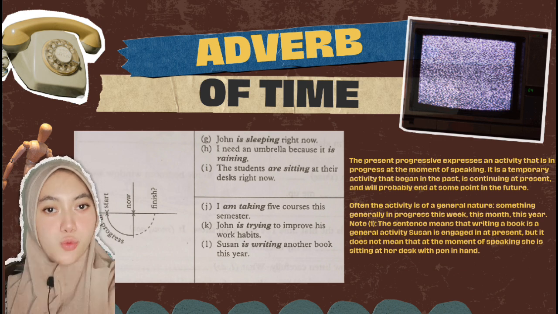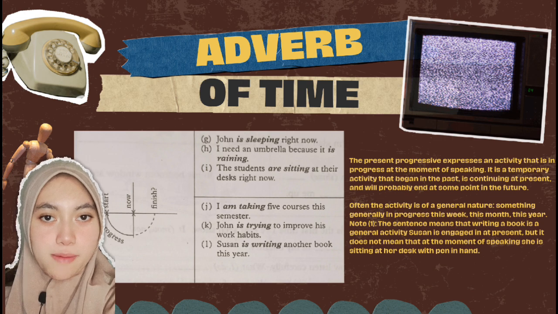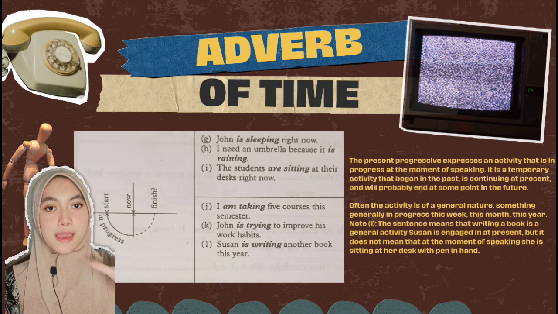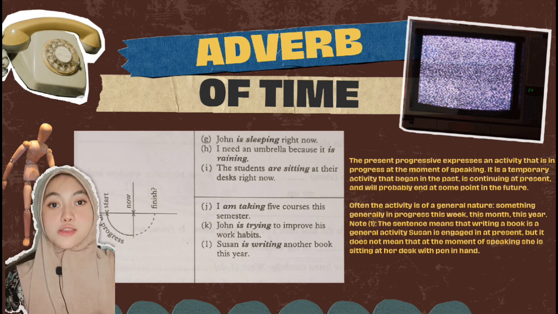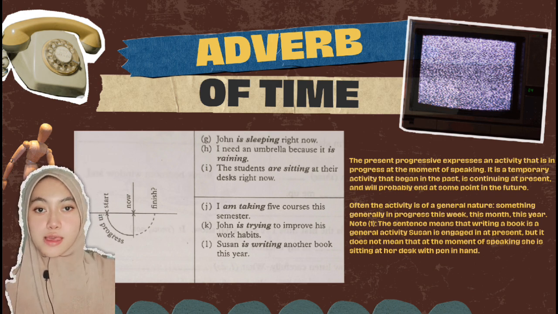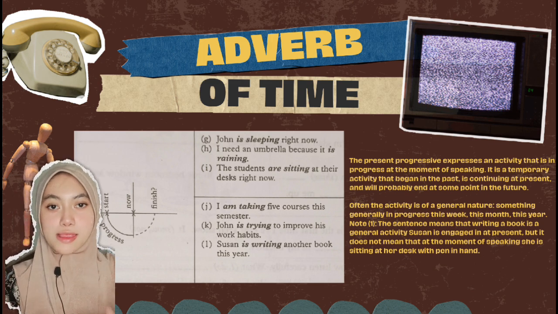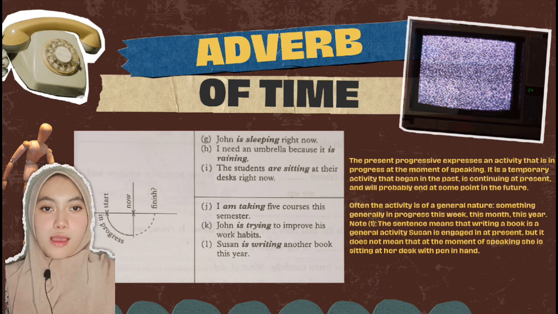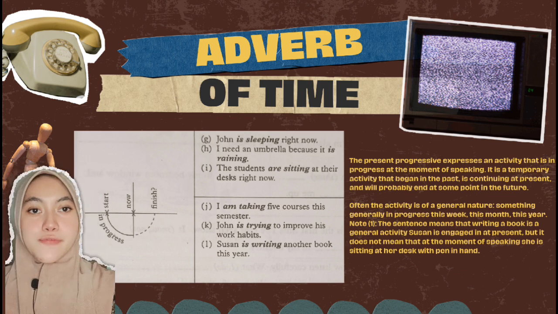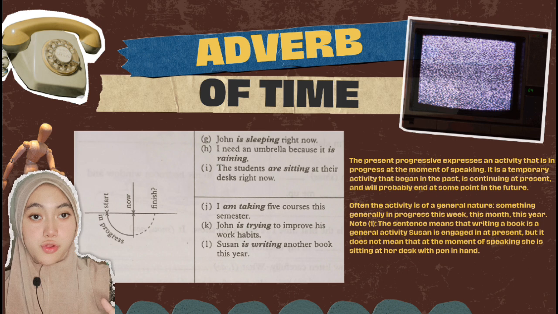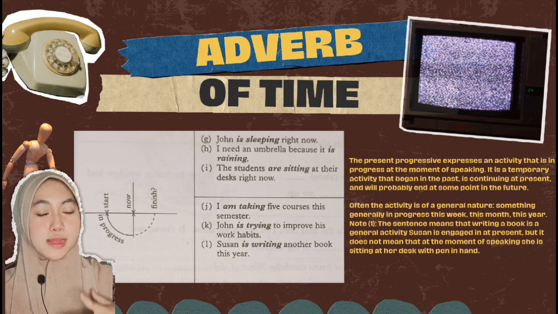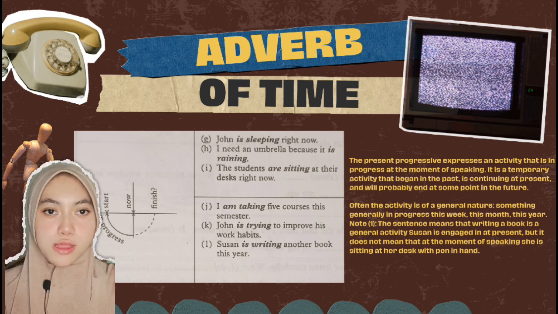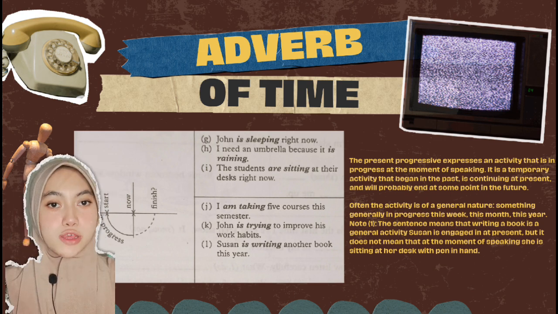The second one, let's see the example. I am taking 5 courses this semester. John is trying to improve his work habits, and Susan is writing another book this year. Let's see the explanation. Often the activity is of a general nature, an activity that she's doing for several times, something generally in progress this week, this month, this year.